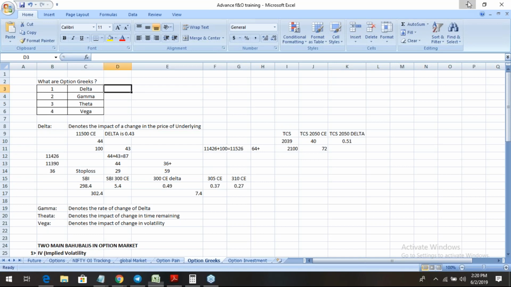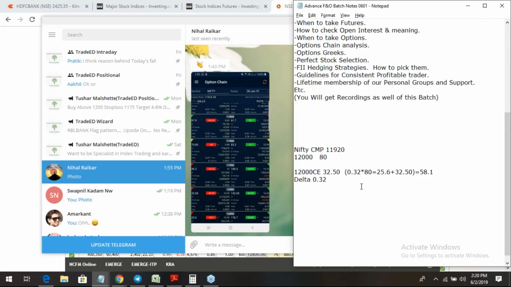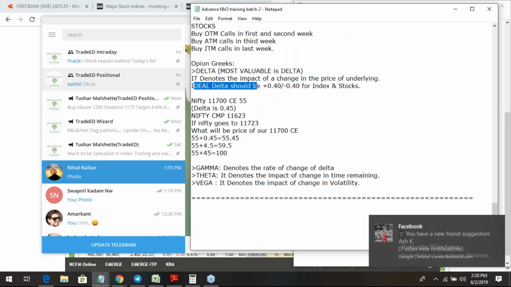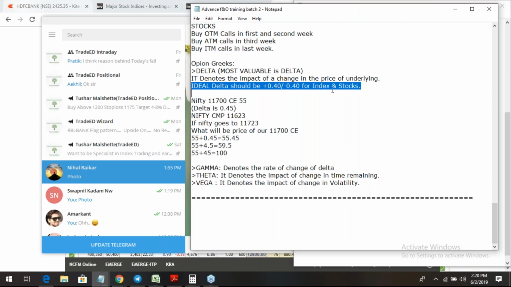Now write down one important thing. What is the important thing? Ideal delta should be minimum plus 0.40 or minus 0.40 for index and stock. Write down in bold.